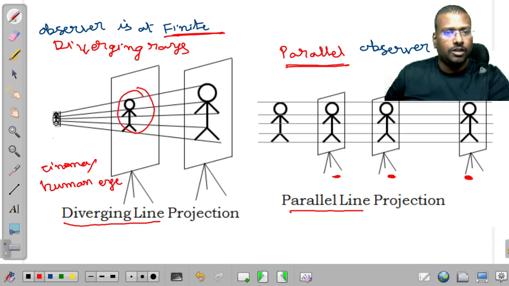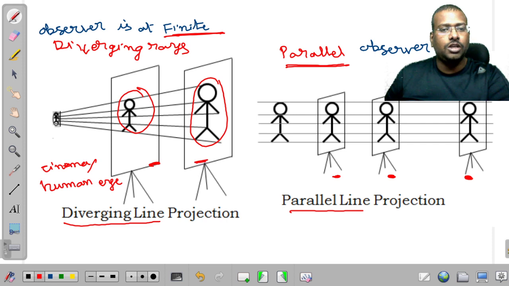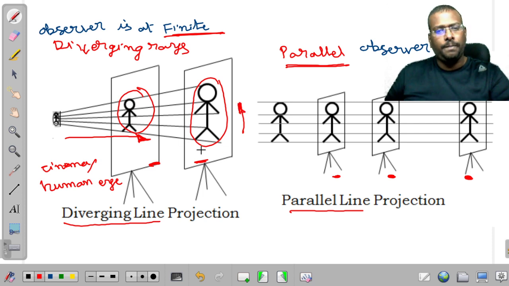Here the size of the projection will change depending upon the position of the principal plane. Whenever the principal plane is moving away from the observer, the size of the projection will increase. So here we are aware of diverging line projection and parallel line projection.